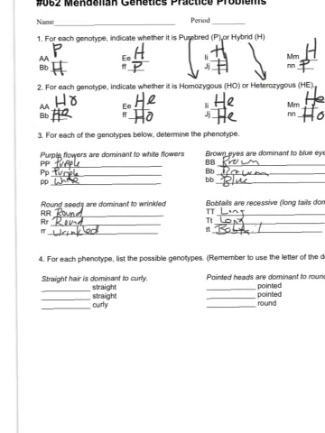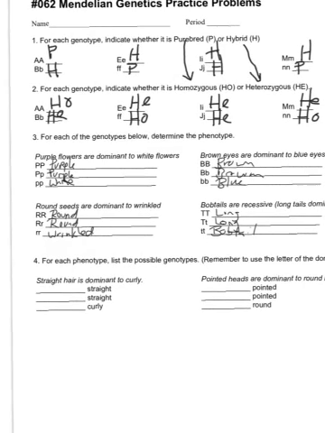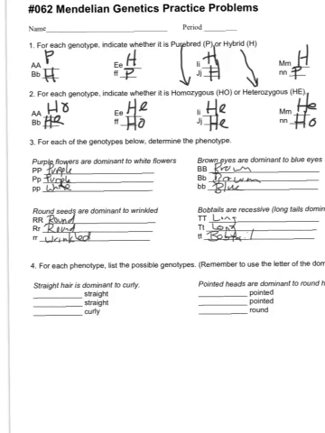For each phenotype, list the genotypes. We're basically going backwards. Now they give us straight hair as dominant. So I would put that as big S, and then I can also get it with a big S, little s. I'll put a little sloppy cursive S there. And little s for curly. Let me zoom in.